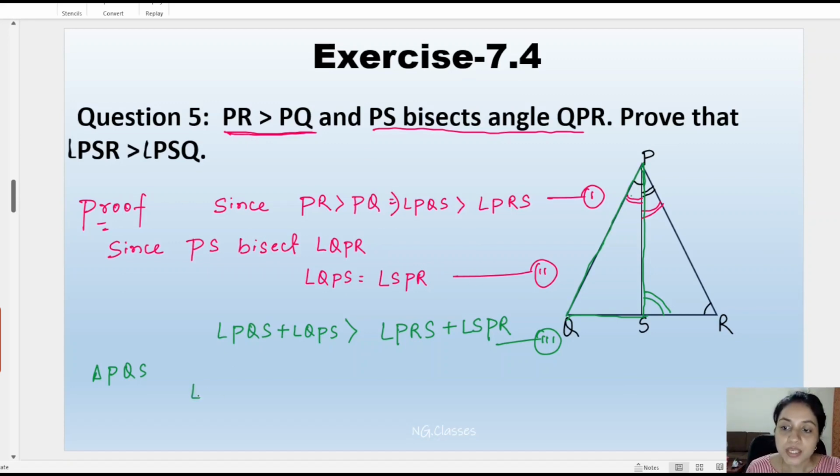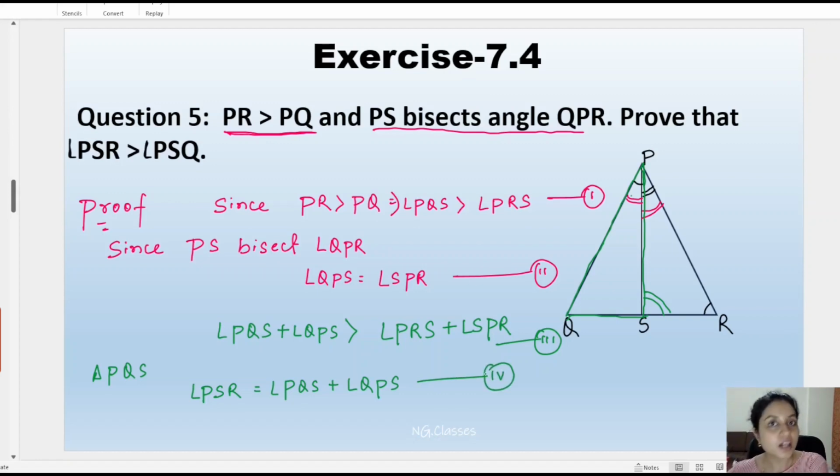So PSR, that is the exterior angle, is equal to the sum of the two interior angles. We have this theorem, right? PSR is equal to the sum of angle PQS plus angle QPS. Please note, we are just focusing on the green triangle. This is our equation number 4.